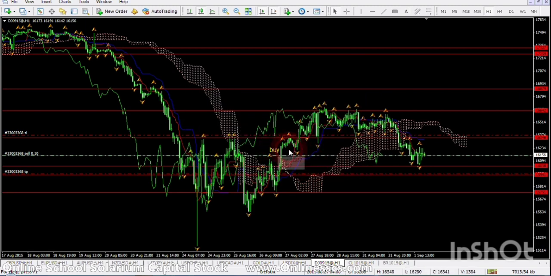Now for an uptrend, I could open a buy position here. I put a buy position. When I did it, I put my stop loss where I see there's a flat in the cloud, like here.